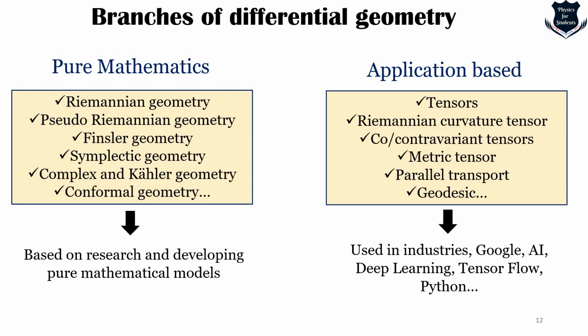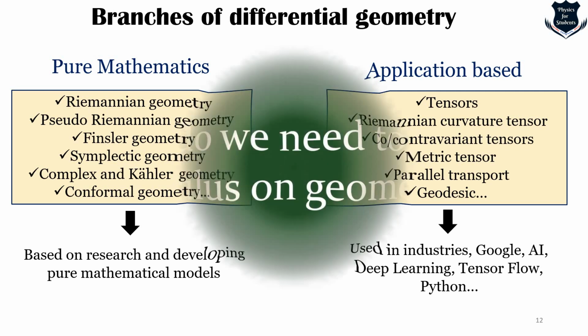If you're wondering how tensors are used in Google or deep learning, you will find out in a coming video of mine, where I have shown how deep learning and tensor applications are intricately related with each other, and how TensorFlow is related to the mathematical tensors that we talk about.